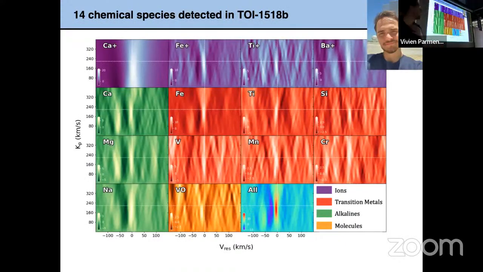Adrien Simonin, a grad student in Nice, was working on that, and he found, so I'm not explaining those diagrams, but they're basically a way to combine data along the whole observation, 14 different chemical species in that planet by this cross-correlation method, including things that are pretty well known in other planets like Fe+ and Ca+, pretty big lines, but also things like VO that we've been searching for a while.